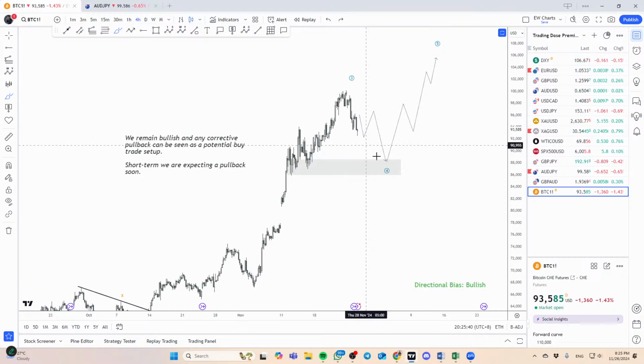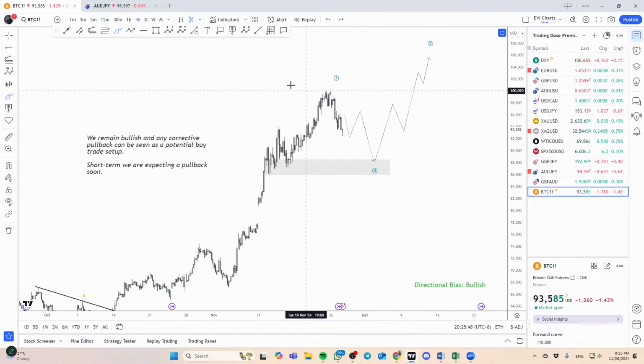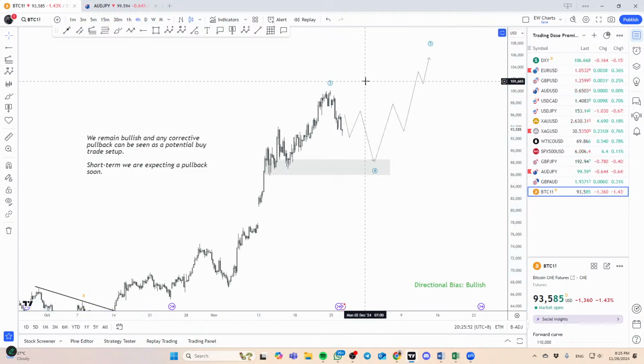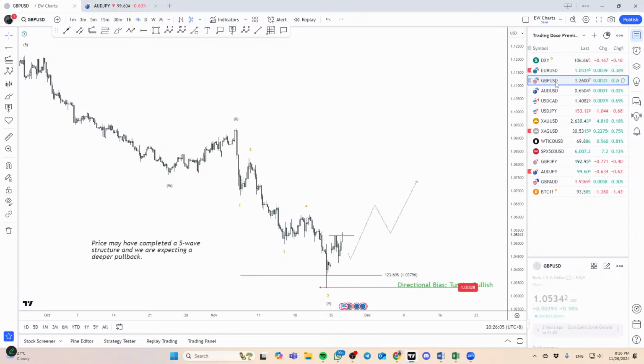Selling is possible as well, but I wouldn't suggest very short-term crypto trading, because price volatility is just big. So more of a swing trade perspective: wait for the pullback to complete and then look for the buy side. Generally those are some of the things worth noting.